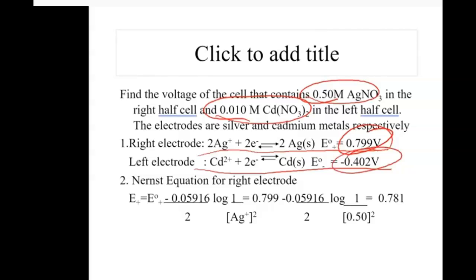So we go E plus equals the right hand cell, 0.0592 over 2 electrons transferred between them, times 1 over, because silver is solid, 1 over the silver ion concentration squared, because we have 2 moles of that. Okay, and the other half cell is the same, 0.0592 over 2, but in this one again, also it's a solid, divided by the cadmium ions in aqueous solution, which is 0.5, and that gives us a net potential of 0.781.